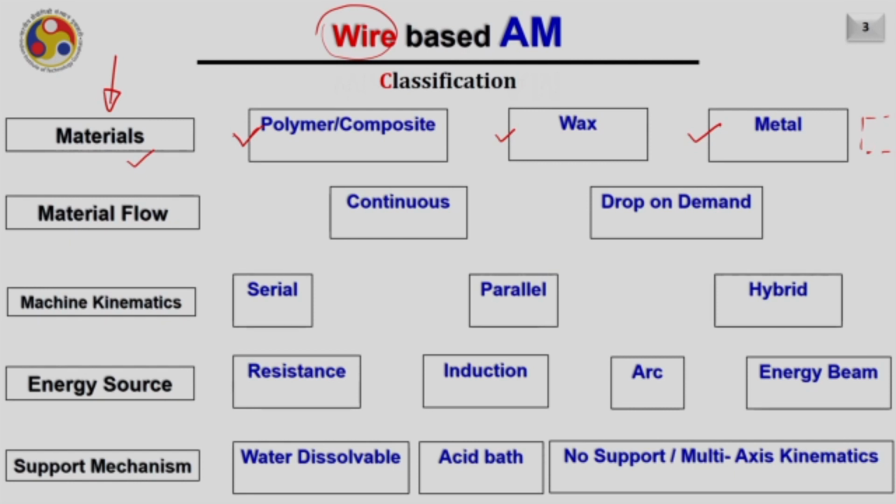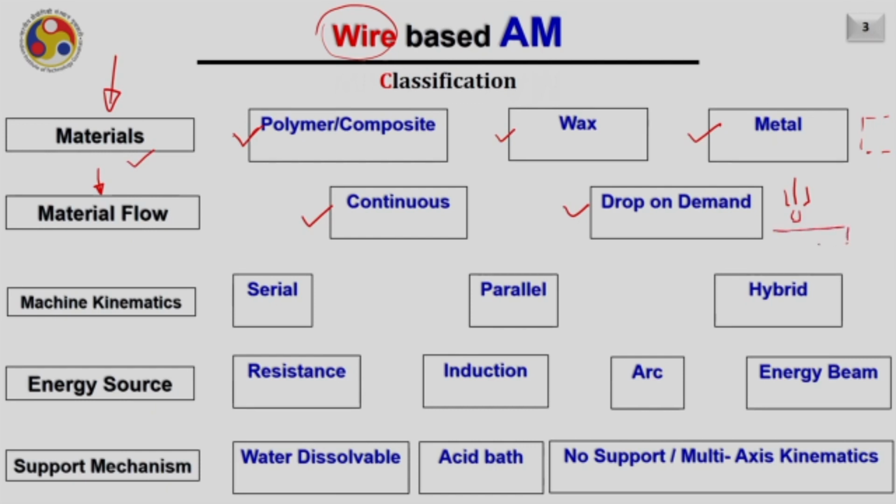Now, the next is in what way we are transferring the material, whether it is a continuous transfer of the material or that material is getting transferred onto the substrate based on the demand, meaning to say drop on demand. So, for example, this is the wire coming and it is getting melted somehow in a liquefier, and then it is generating the drops.